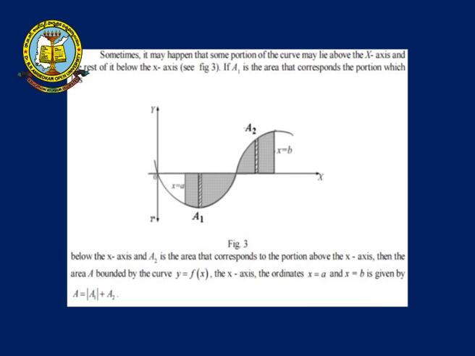Then the area bounded by the curve y equal to f of x, the x axis, and the coordinates x equal to a and x equal to b gives the total area capital A equal to modulus of A1 plus A2. A1 is the bottom area and A2 is the top area.